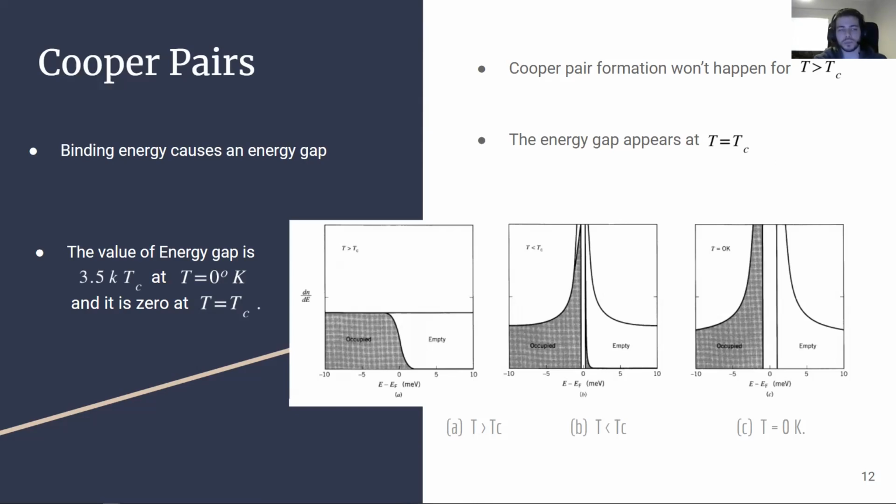I will give data a few slides ahead, showing which elements have superconductors. But this could be a reason that the Cooper pairs won't be forming in gold and copper, because they lack the required lattice vibrations.